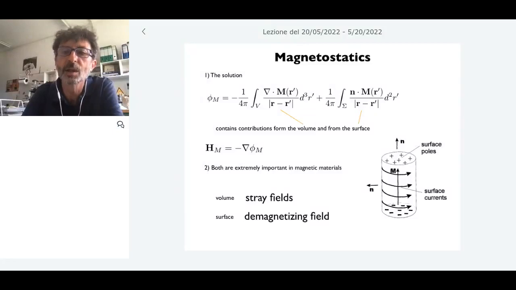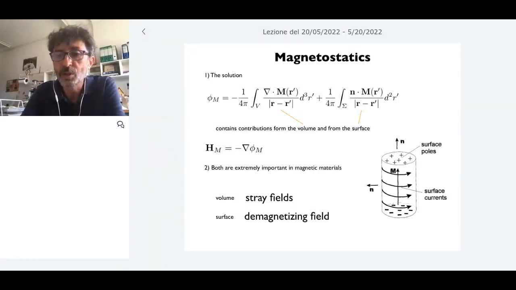This is the reason why it's called the demagnetizing field. Inside the material, the magnetic field generated by the magnetization itself is trying to demagnetize the material. That is always pointing in the opposite direction of the magnetization.